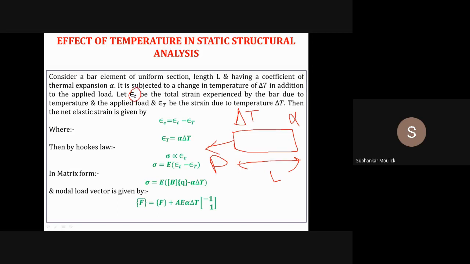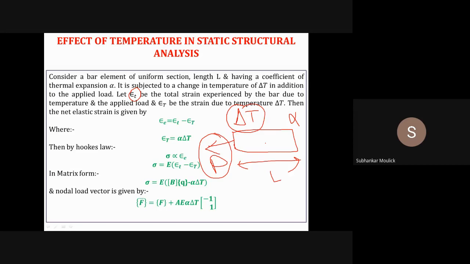Let epsilon t, small t, be the total strain experienced by the bar due to temperature and the applied load. That means due to this applied load and the change in temperature, the bar will either elongate or contract.